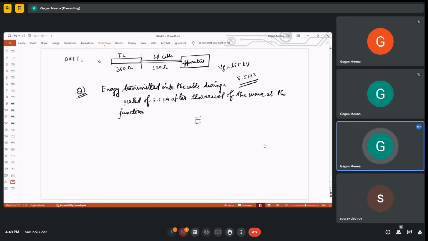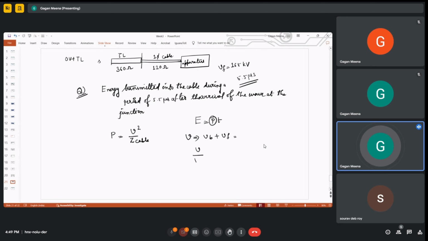The energy will be P into time. So we can calculate the power transmitted into the cable from the junction. The power transmitted will be how much? V square by Z cable. Now we want to find out what is V. V is V backward plus V forward.